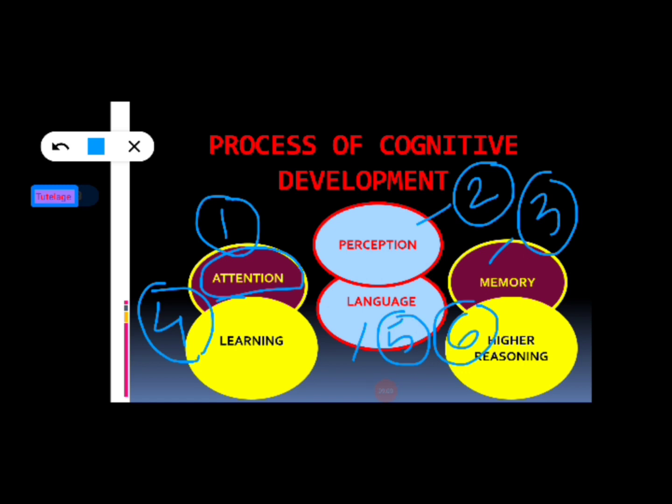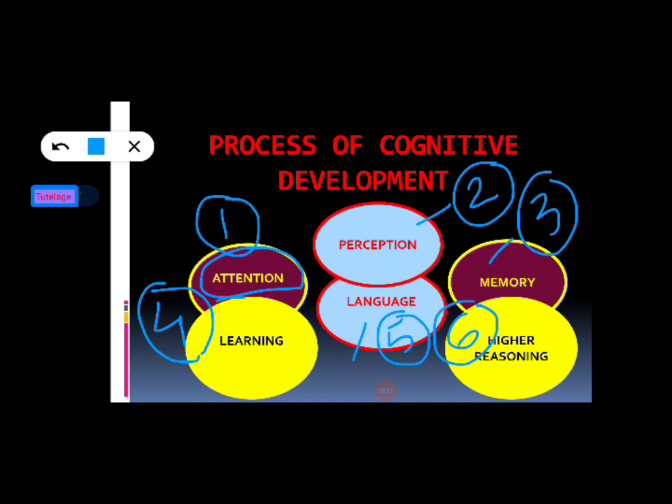The first stage is attention, the second perception, third memory, fourth learning, fifth language, and the last, higher reasoning, which is related to the problem solving, planning, reasoning and decision making skills of the individual, of the human body.